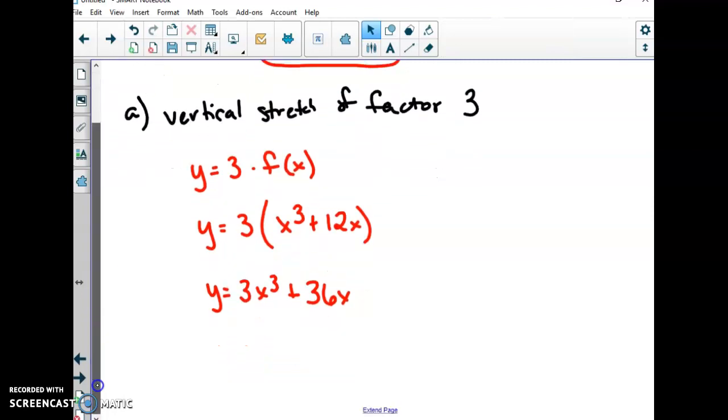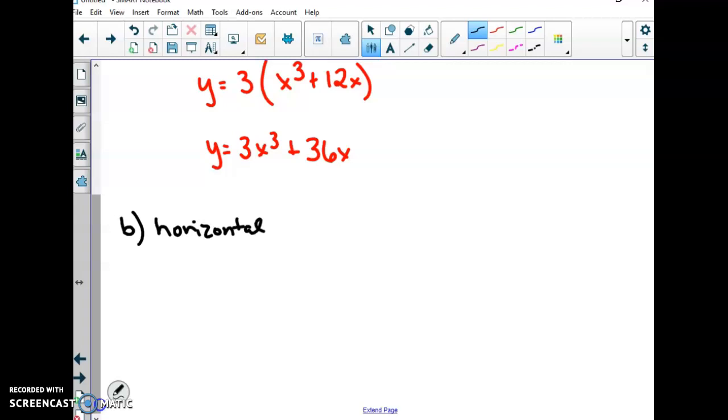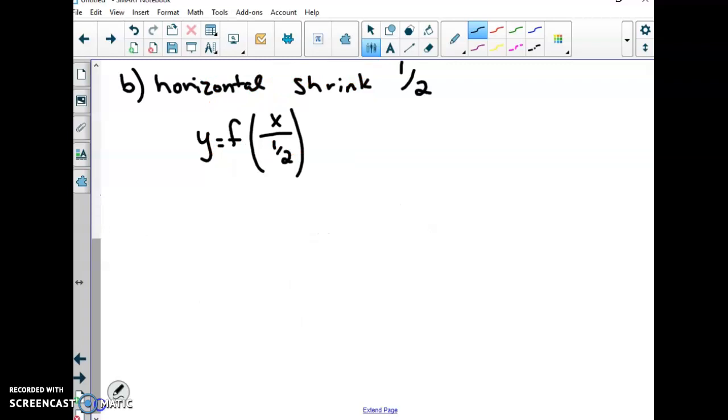Now, the horizontal one. This is where you've got to be thinking a little bit. Let's switch it up and do a horizontal shrink of a half. If we're talking a horizontal shrink of a half, our function is going to be divided by a half. Remember, if you're dividing by a fraction like a half, you're really multiplying by 2.